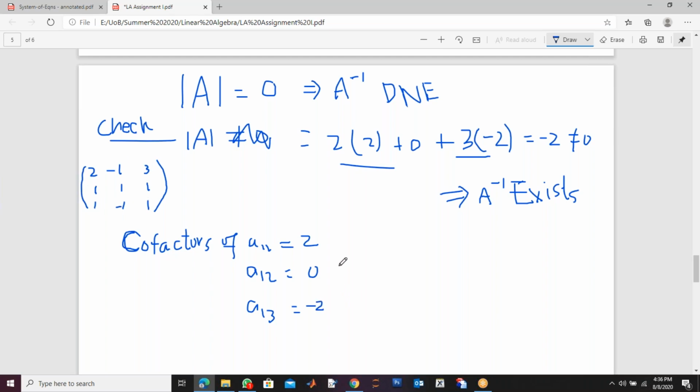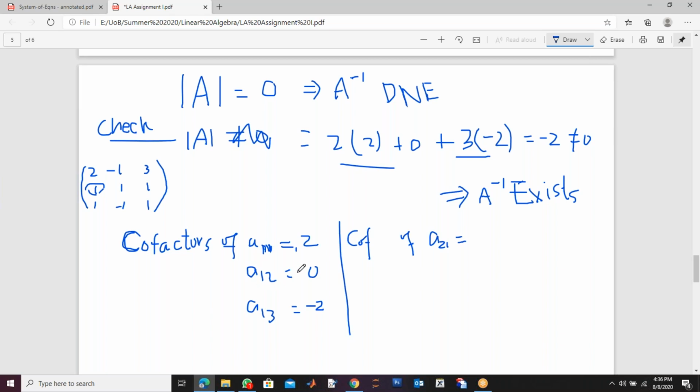Okay. Similarly, I can find more cofactors. Cofactor of A21, now the second row. 2, 1 is this, and it is again a minus sign. You can check the minus sign by adding the indices: 2 plus 1 is 3. If the sum is even, it is plus.